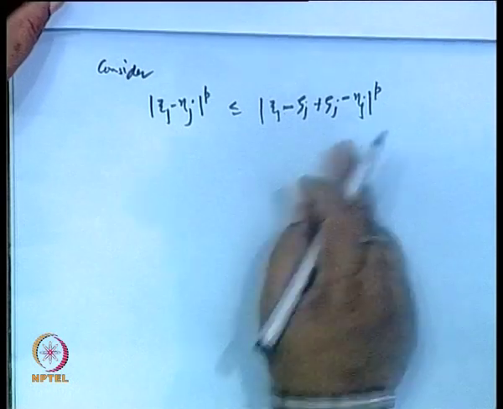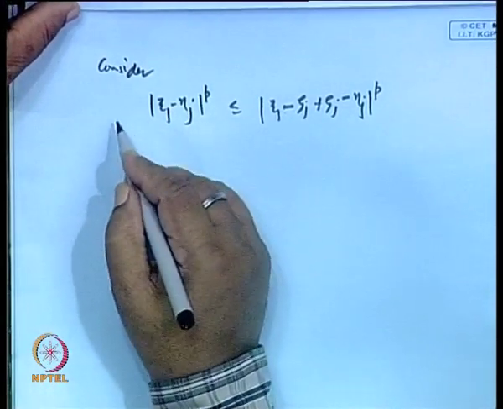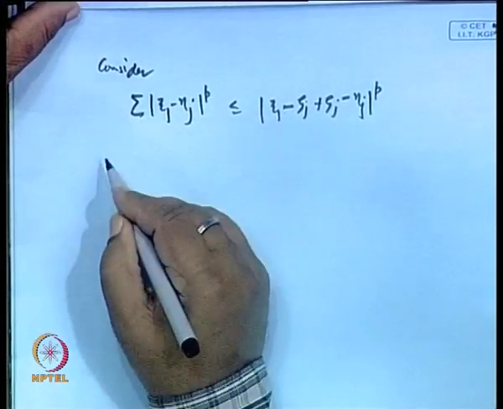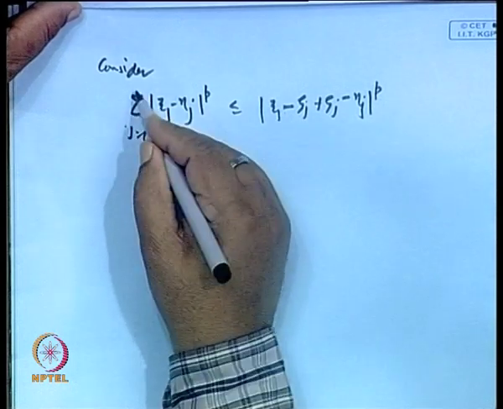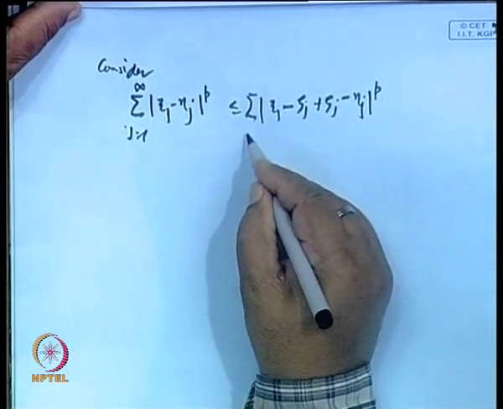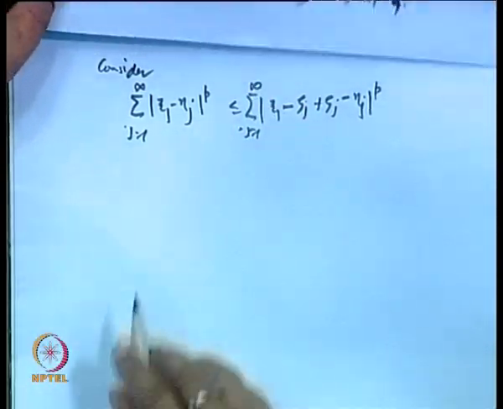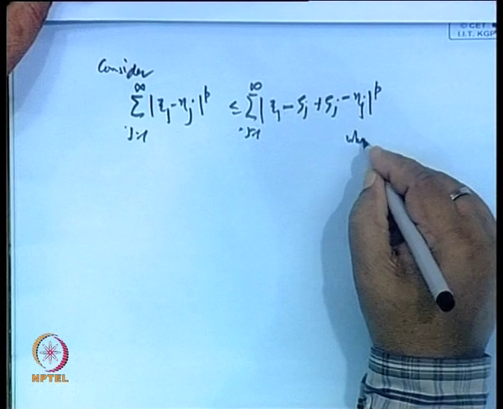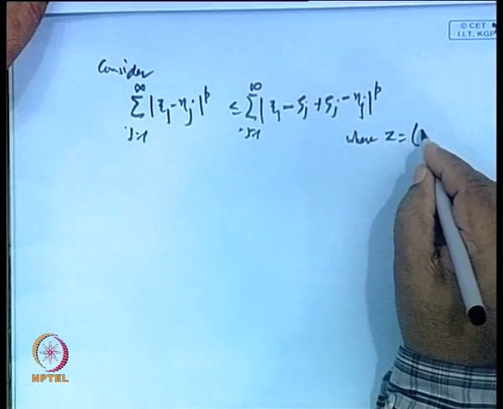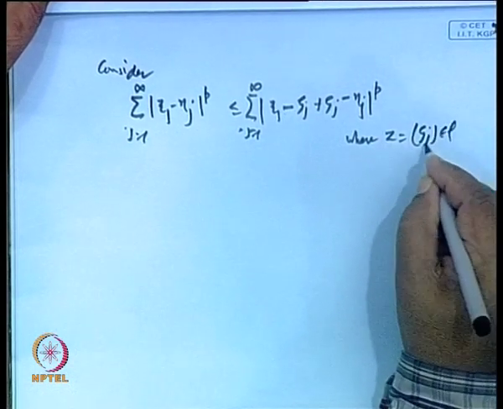Now, take the sigma of this, j equal to 1 to infinity, where z, which is zeta j, belongs to LP.